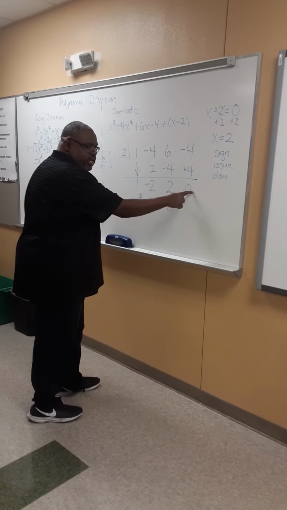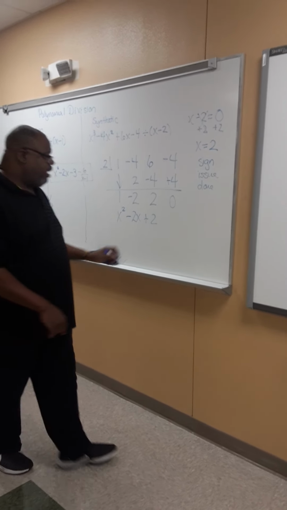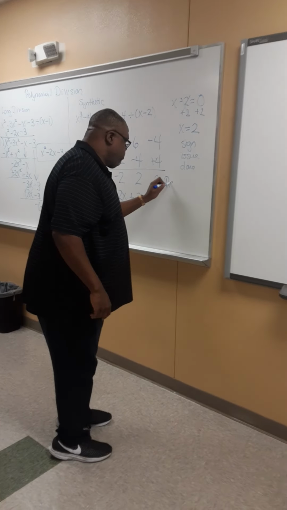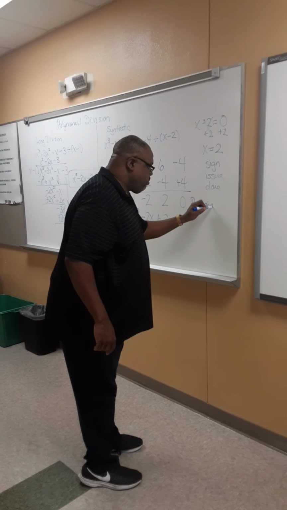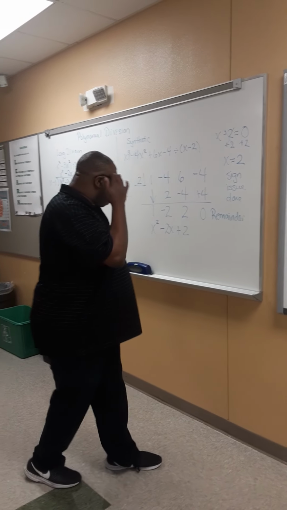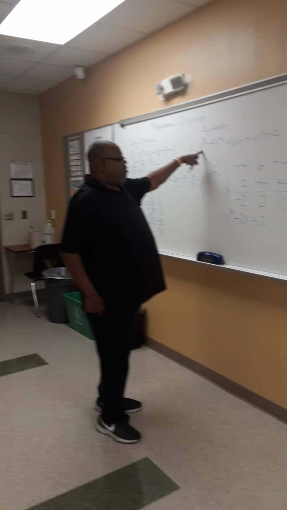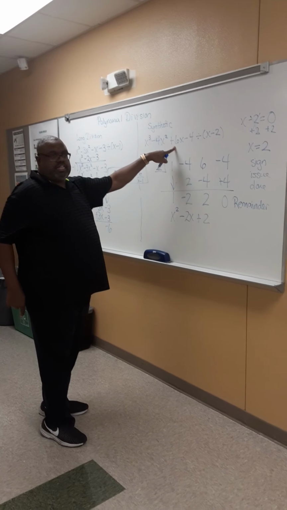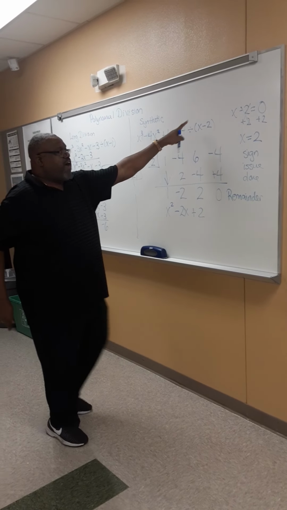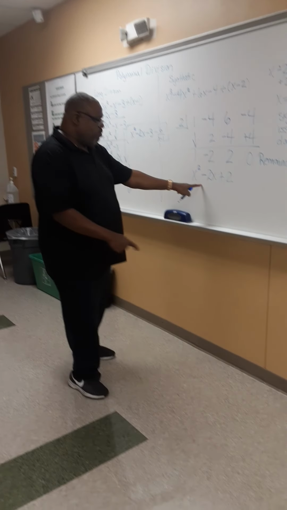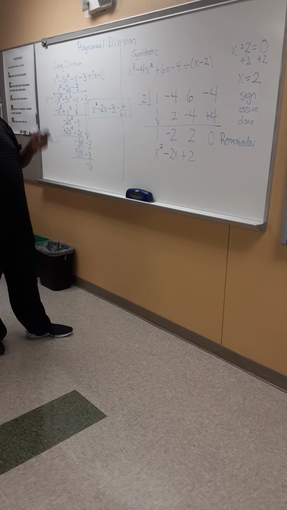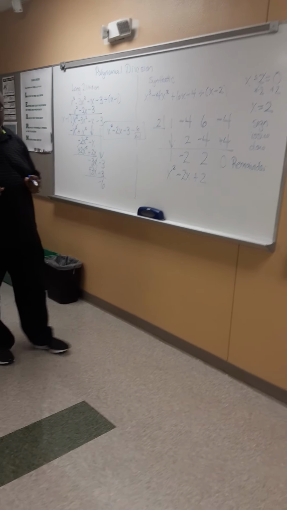The last digit here represents your remainder. I don't have a remainder, so my remainder here is 0. So x cubed minus 4x squared plus 6x minus 4 divided by x minus 2 is equal to x squared minus 2x plus 2.